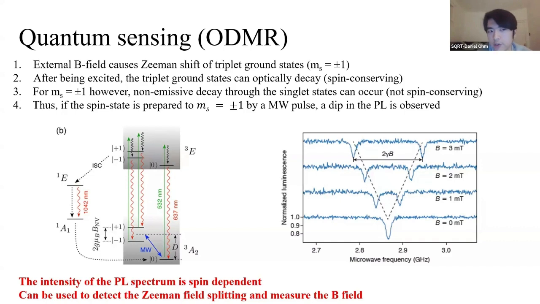Basically, the energies diverge from each other, the stronger your magnetic field is. And I can use this to my advantage because the plus and minus one states are basically the locations of the peaks right here. So as you can see from this graph, as the magnetic fields increase, the locations of these peaks diverge from each other. So I use the locations, the divergence of these locations, to basically find out the magnetic field.